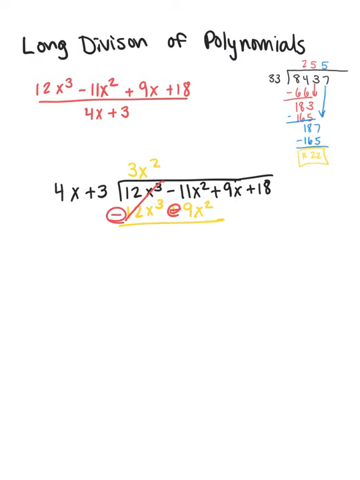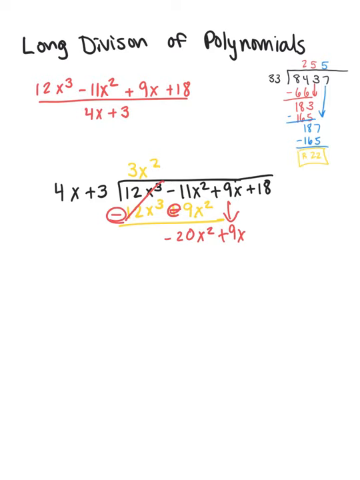So 12x cubed minus 12x cubed cancels out. Negative 11 minus 9, the signs are the same, so we're going to add and take the sign of the larger. So I get negative 20x squared, and I'm going to bring down my next term. What do I multiply to 4x to give me negative 20x squared?